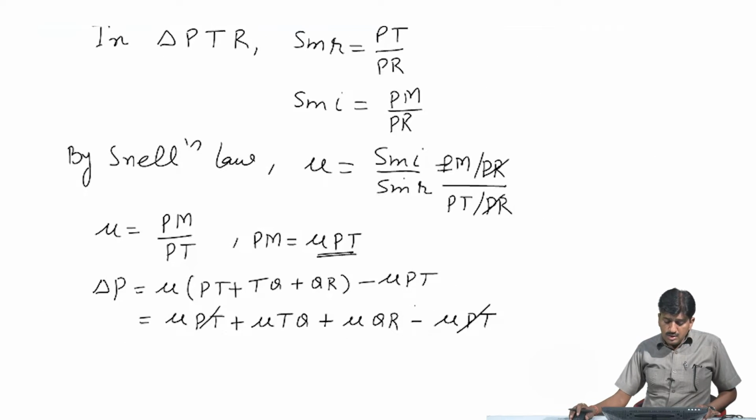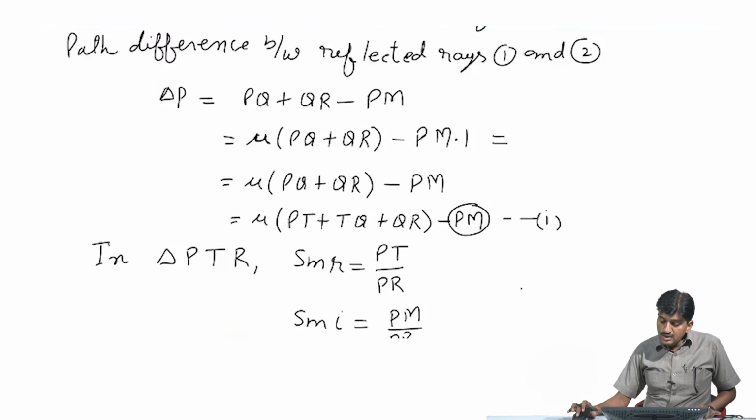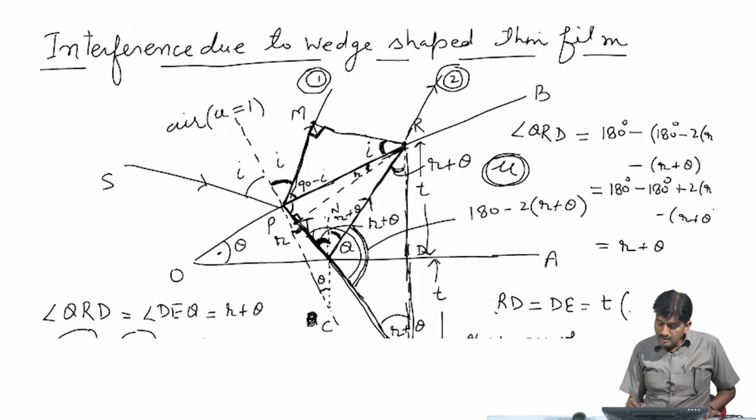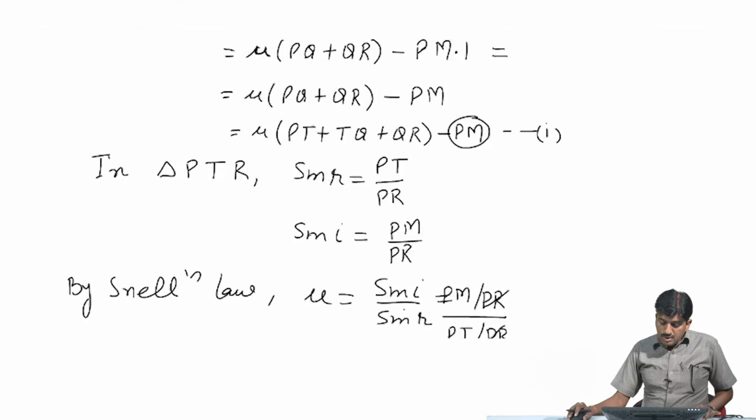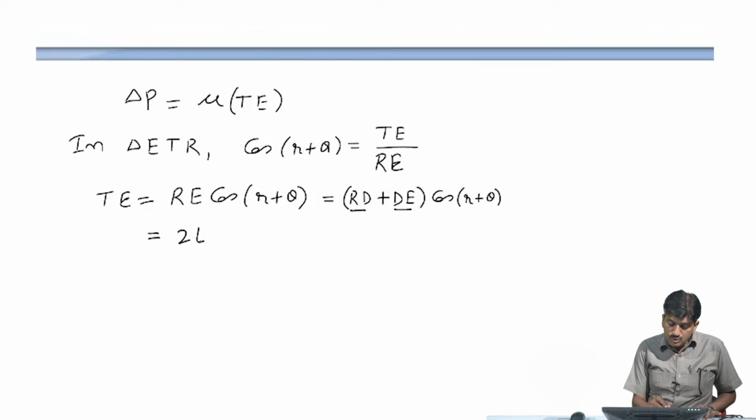RD and DE are both equal to T, so TE becomes 2T cos R plus theta.